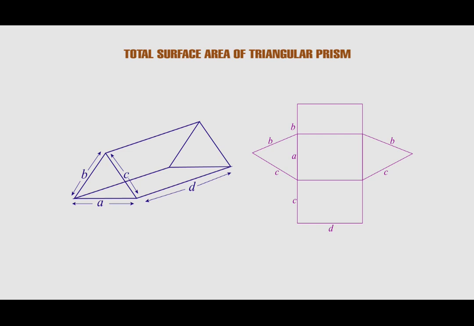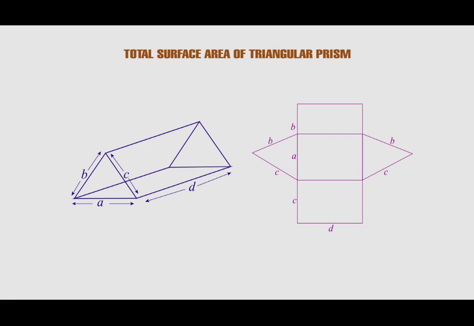The net is made up of 2 equal triangles and 3 rectangles. Therefore, the total surface area is equal to 2 multiplied by the area of a triangular face plus the area of the rectangular faces.